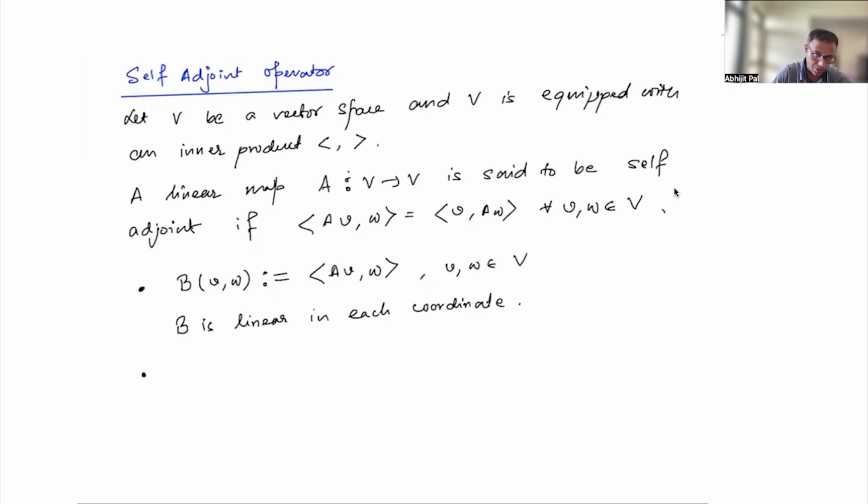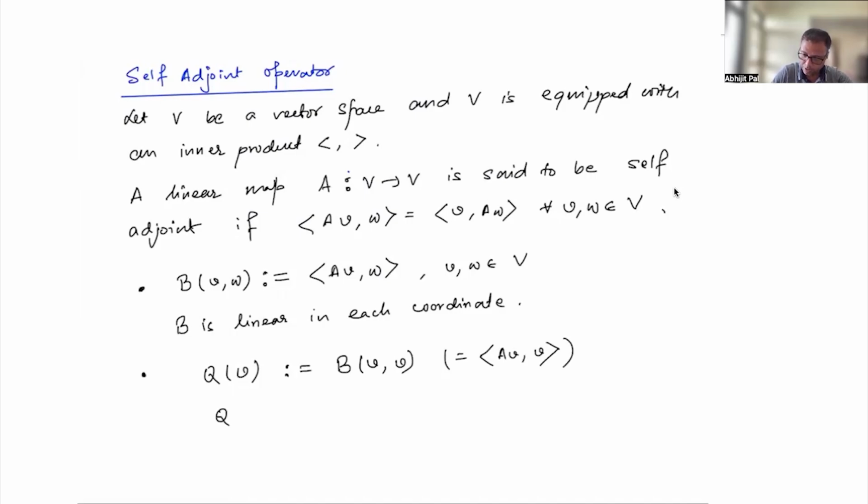And let us denote Q(v) to be equal to B(v, v), which, by the definition of capital B, is the inner product of A v with v.